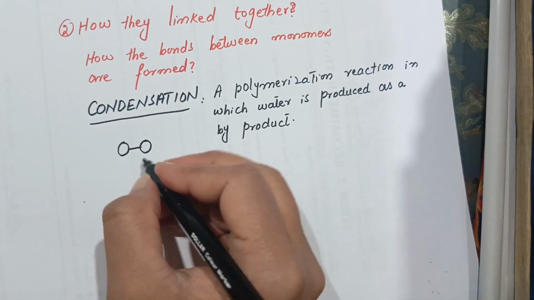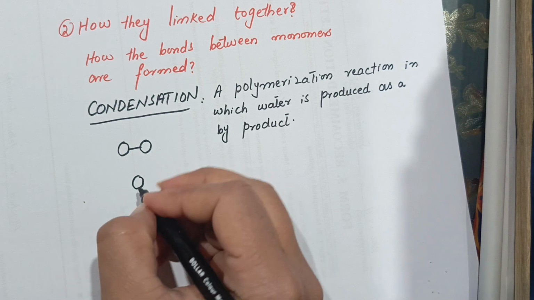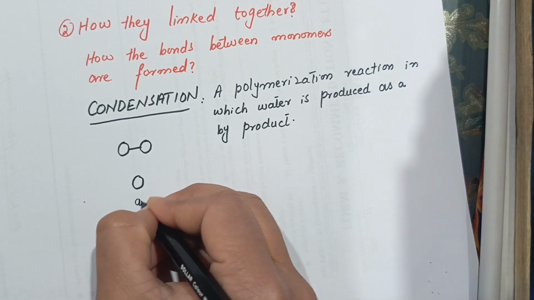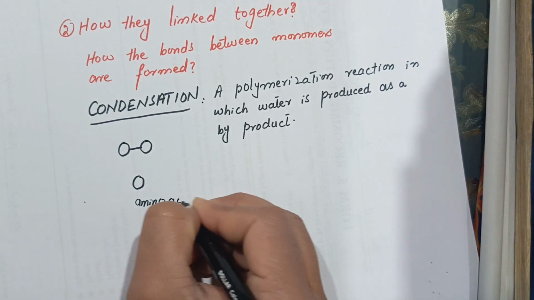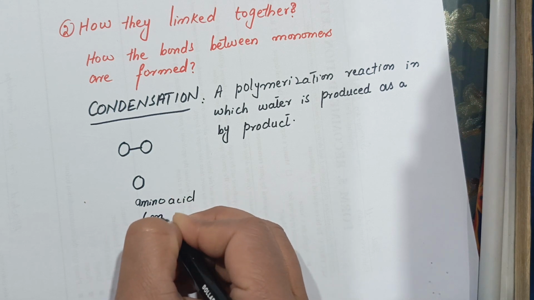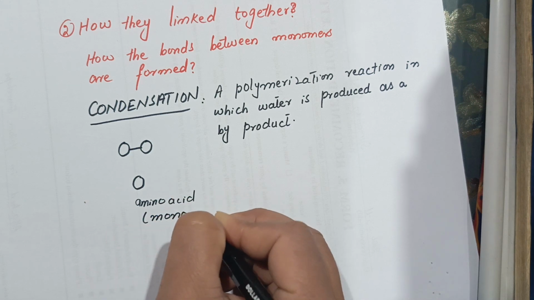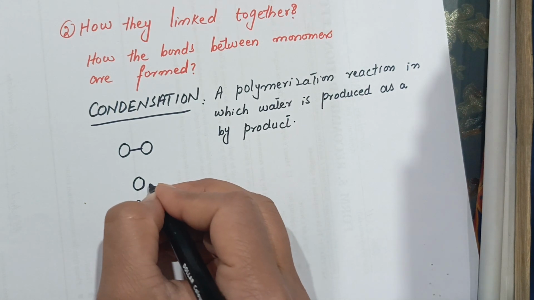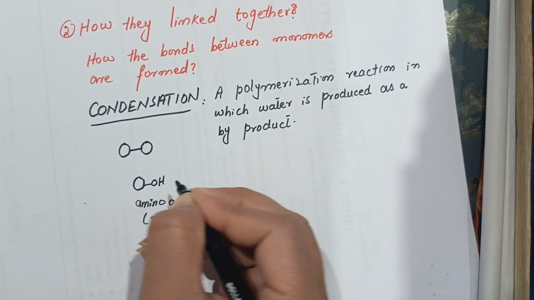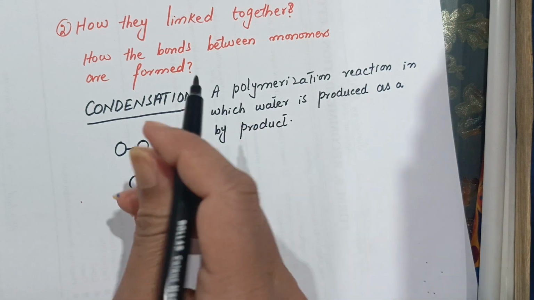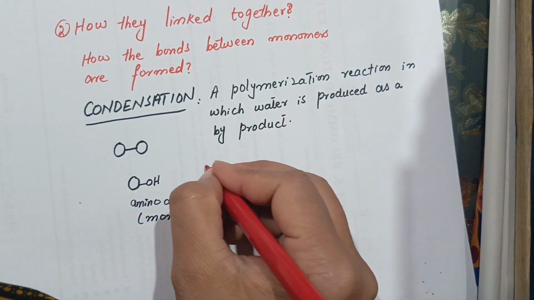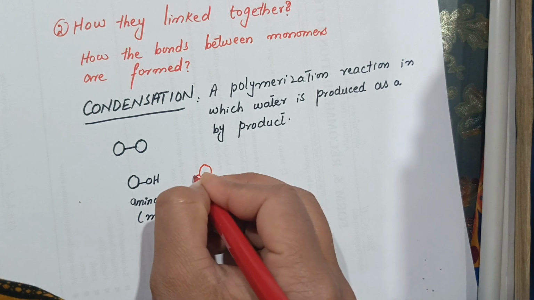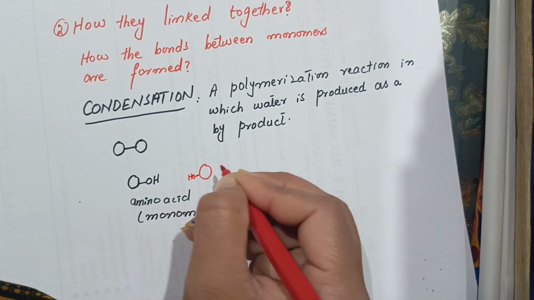Let's take the example of an amino acid, which we call a monomer. In this example, one amino acid has an OH group attached to it, and the second amino acid also has a hydroxyl group attached.